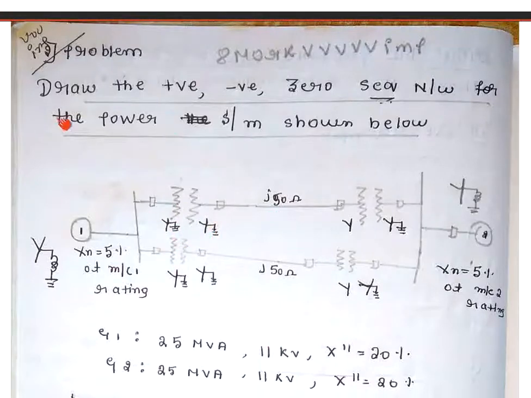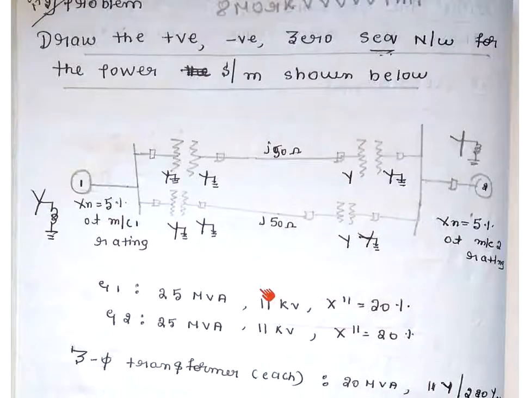Here they have asked: draw the positive, negative, and zero sequence networks for the power system shown below. The network is clearly visible. Now, how many transformers are given?